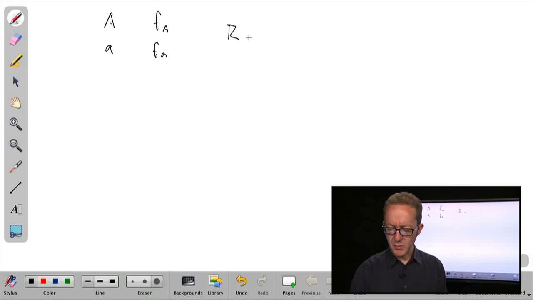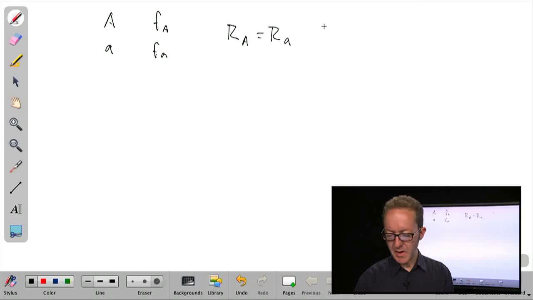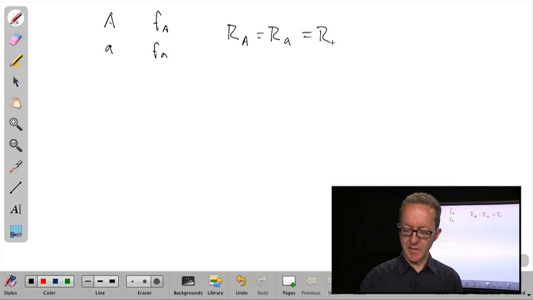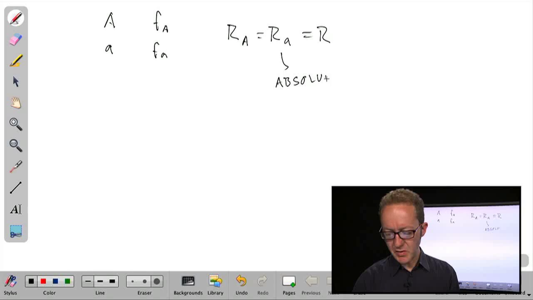For the starting case, we're going to assume that their per capita growth rates, R uppercase A and R lowercase a, are the same, and that they are therefore the same as the per capita growth rate of the entire population. Incidentally, the per capita growth rate of a genotype is known as that genotype's absolute fitness.